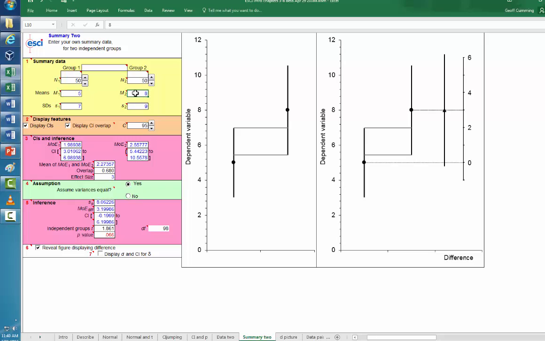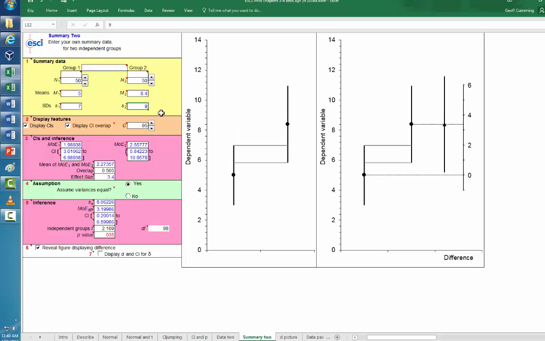And if I increase this a little bit, let's make it, say, 8.4. Now we've got overlap that is moderate, I'll call it. The overlap is roughly something like half of MOE, half of this arm length, half of this arm length, roughly speaking.